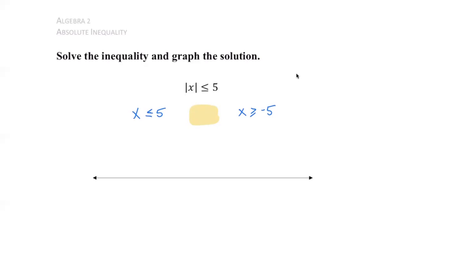It cannot be both. But now we have the inequality. It's not exclusively or anymore. It could be and, and it could be or. So now the decision is, how do we know which one to put into this empty space?